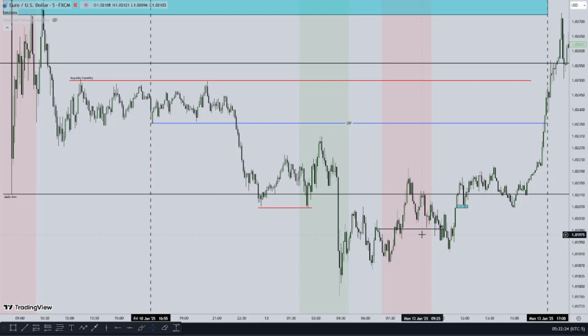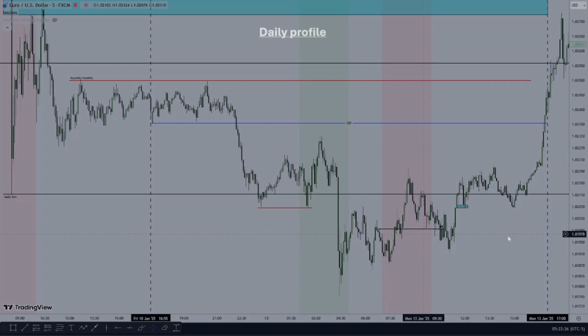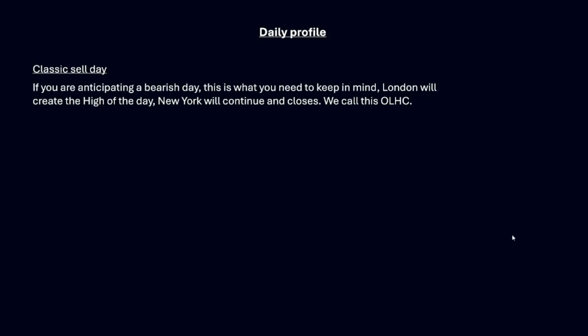So let's go to a classic sell day. If you're anticipating a bearish day, this is what you need to keep in mind. London will create the high of the day. Remember, London will create the high of the day, and the New York will lead to a trend continuation and a close of the candle.